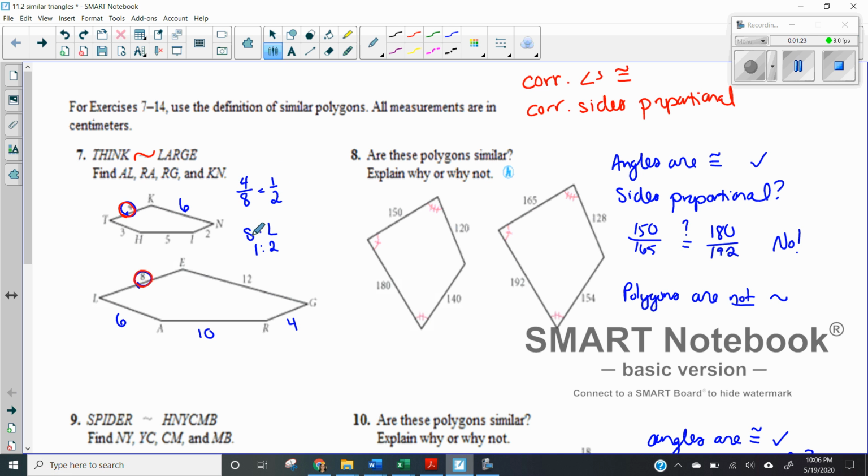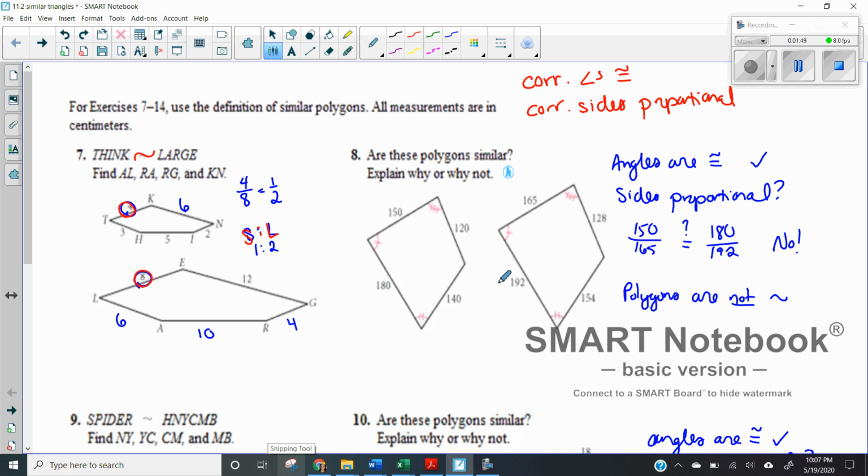This is how I thought of this. The small figure to the large figure, small to large. Instead of 1/2 written this way, I wrote it 1 to 2 this way. So now in my mind, I'm just thinking, okay, this big one's twice as big. So instead of 3 here for TH, it's 6. Instead of 5, it's 10, etc. Going back to KN, of course, then you need to cut that in half.